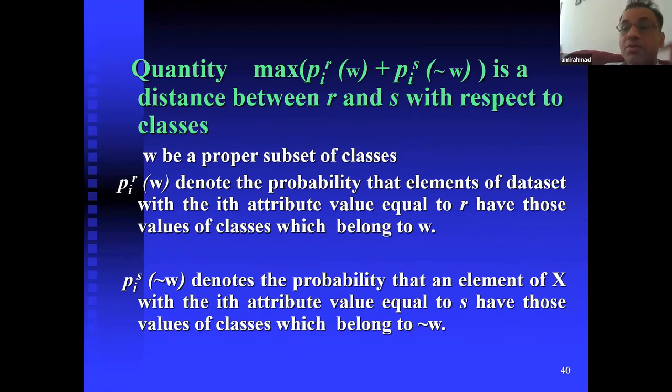However, there is a problem because you may have a lot of subsets. You have to find the particular subset for which this distance is the maximum, and this will be the distance between R and S.